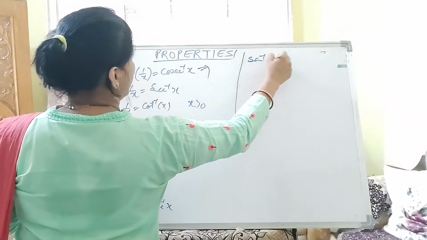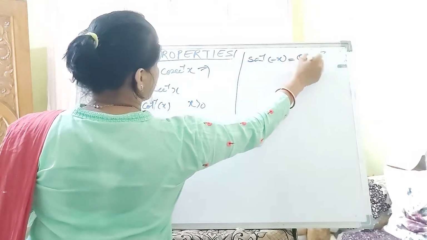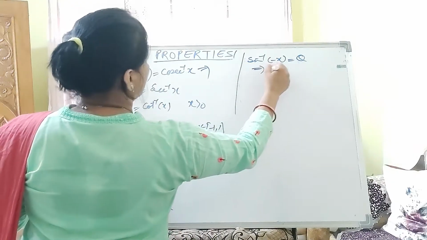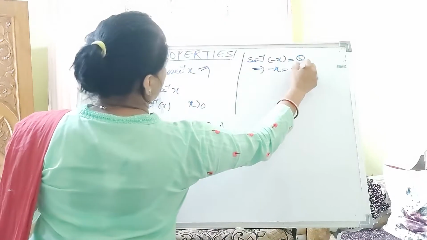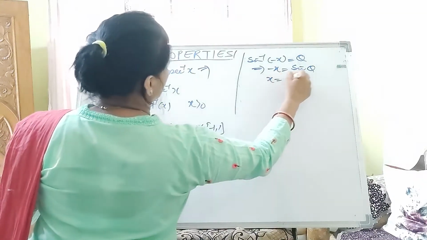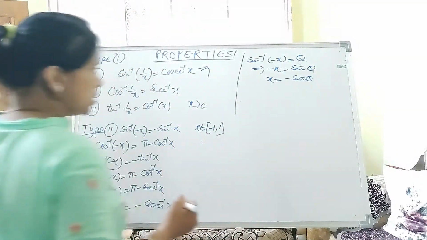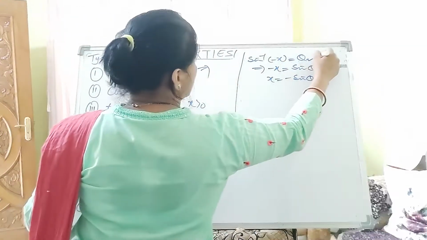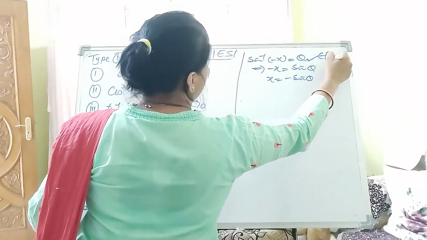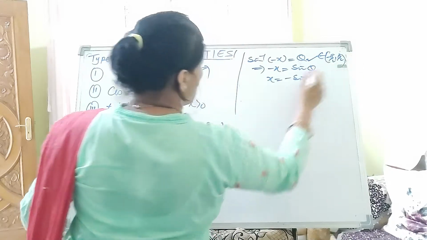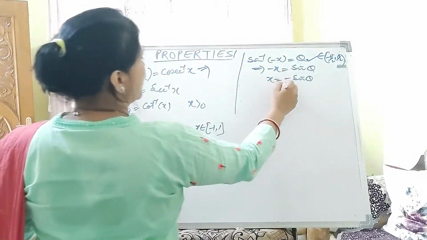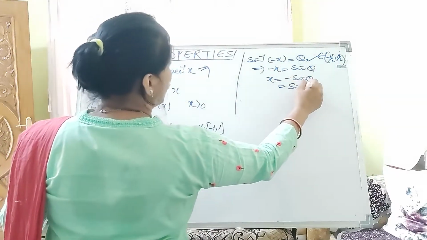Sin inverse minus x is equal to, let us write, theta. This will give me minus x is equal to sin theta and x is equal to minus sin theta. Since this theta lies from minus pi half to pi half, here I will write sin of minus theta.